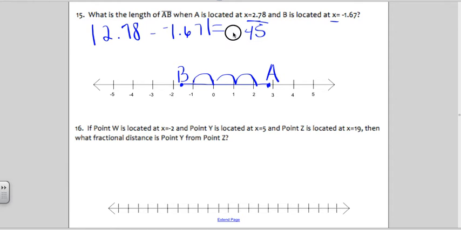And I get 4.45 units. So notice our estimation of 3 was way off. We were off by over a unit there. You could have also gone the other direction and done negative 1.67 minus 2.78, and you would have gotten the same answer.